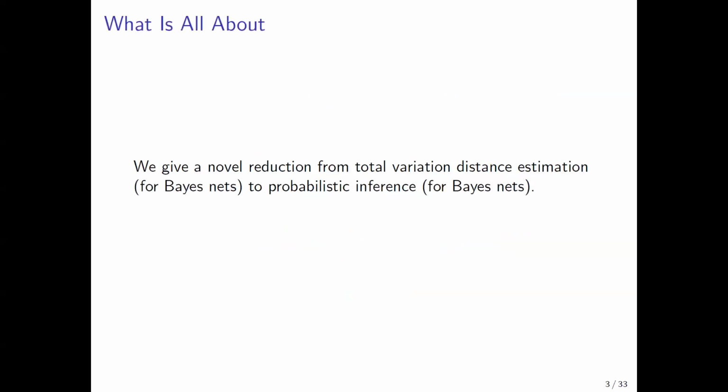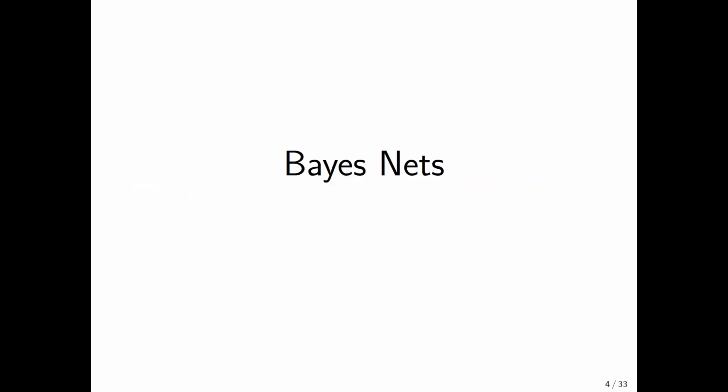Our main result in this paper is a novel reduction from the estimation of total variation distance to probabilistic inference. In this paper, we are going to consider distributions that are described by Bayesnets. What is a Bayesnet?